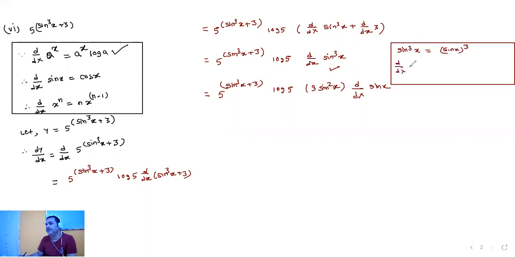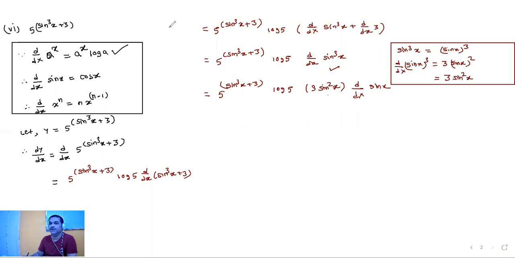If we take d by dx of sine x the whole cube, it is equal to 3 sine x the whole square, which we can write as 3 sine square x.